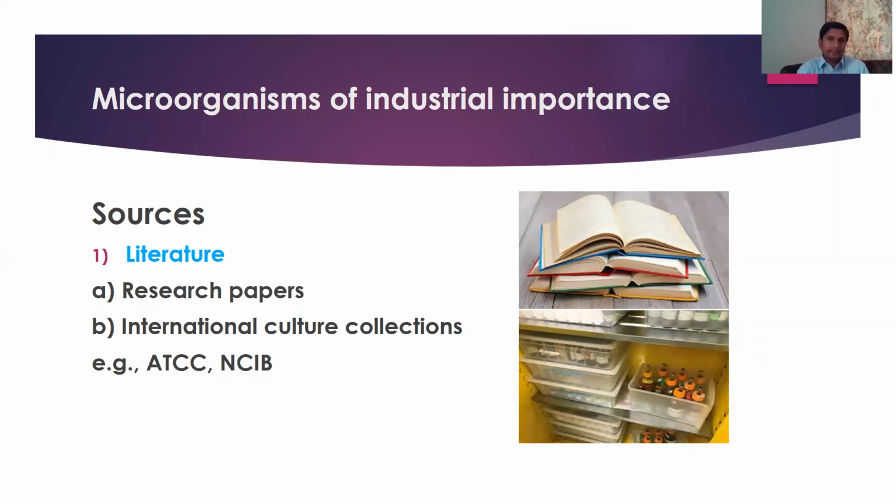For example, the microorganism could have a particular number of a particular culture collection. This means that we should also know about the international culture collections that are responsible to store the microorganisms of industrial importance. So going through the literature, we should also know about the international culture collections.